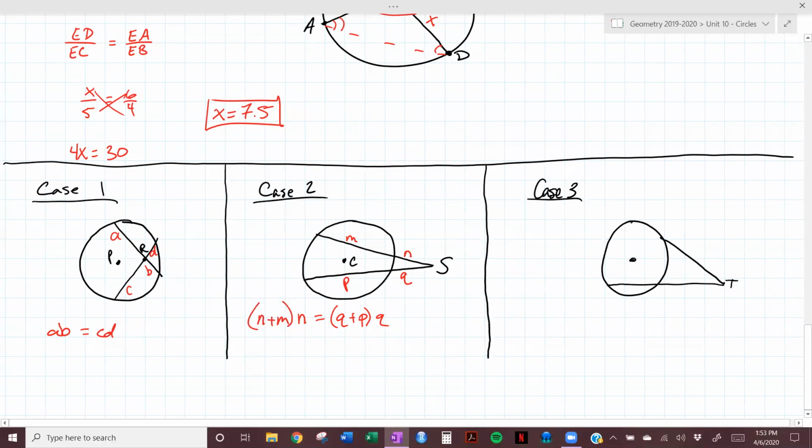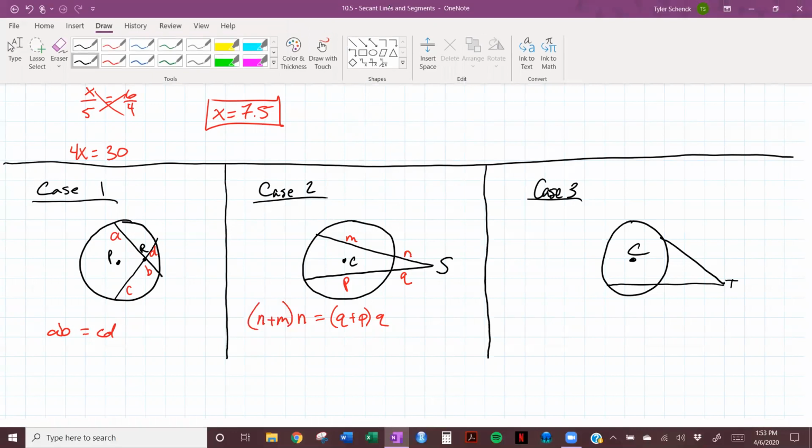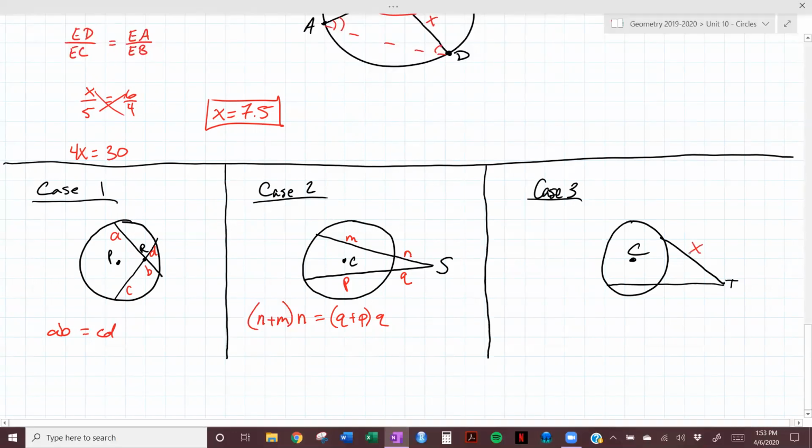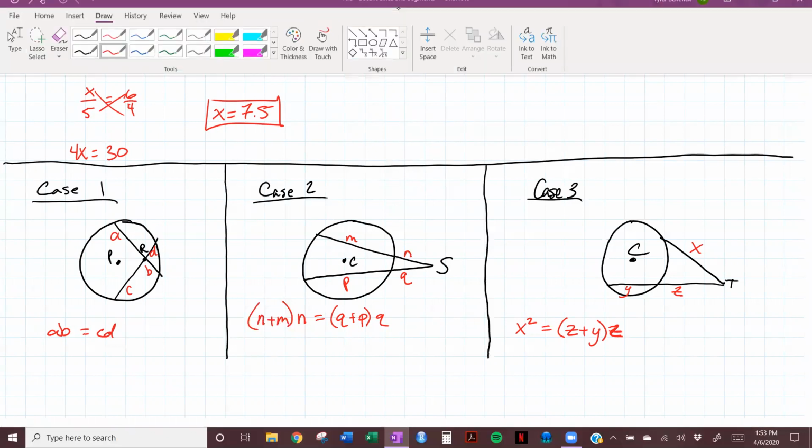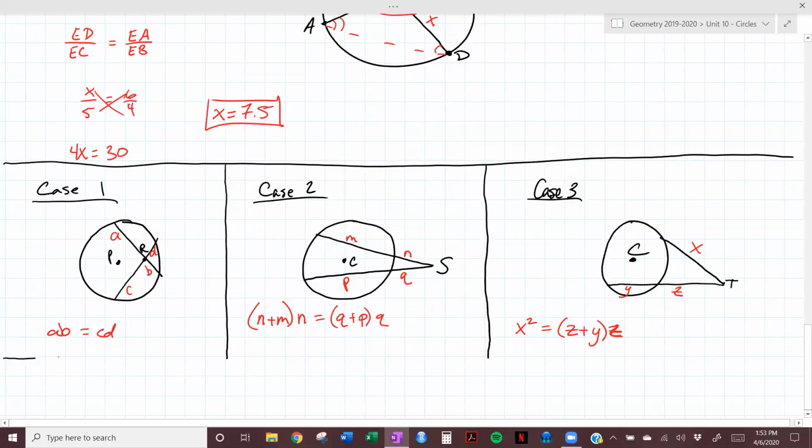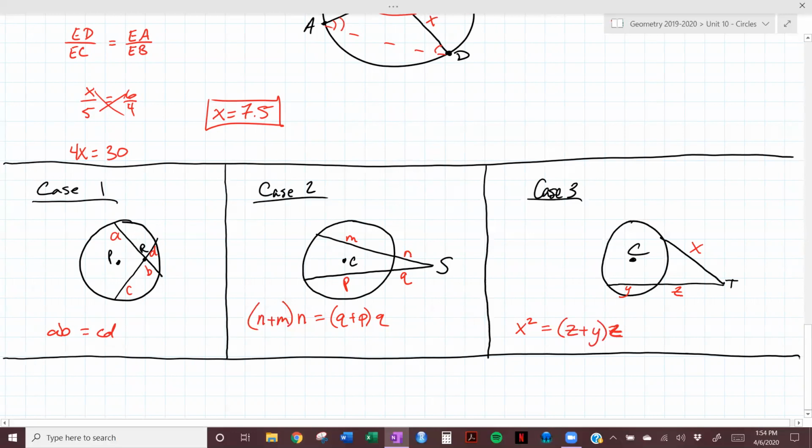There's T. Here's our center C. Here is X. Here is Y, and here is Z. Okay, in this situation, we have X squared equals Z plus Y times Z. Okay, Z plus Y times Z. All right. So those are the cases that you will need for section 10.5.